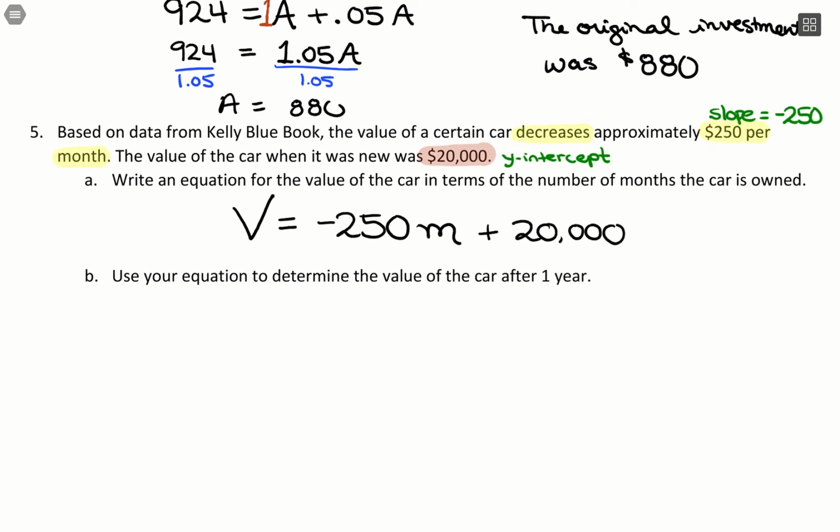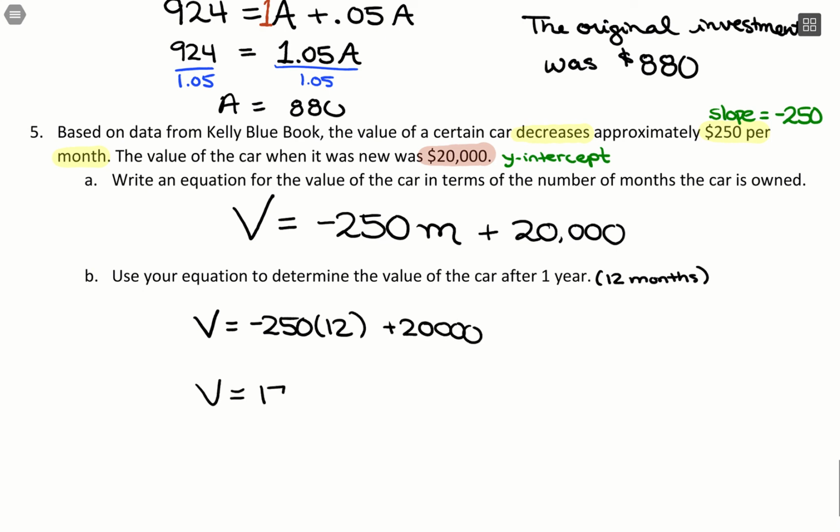All right, and then using our equation to determine the value of the car after 1 year. Now be careful that we don't want to plug in 1 to the equation, because this is in terms of months. So what we want to use is the fact that 1 year is the same thing as 12 months. So to find the value, what we'll do is plug in 12. And if we just throw that into the calculator, that'll give us a 17,000.